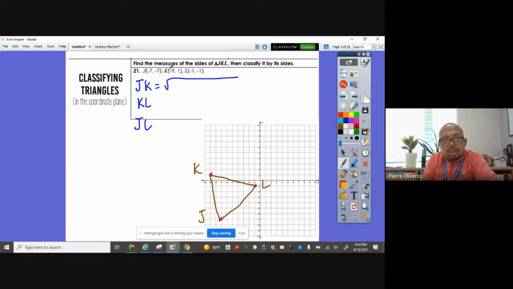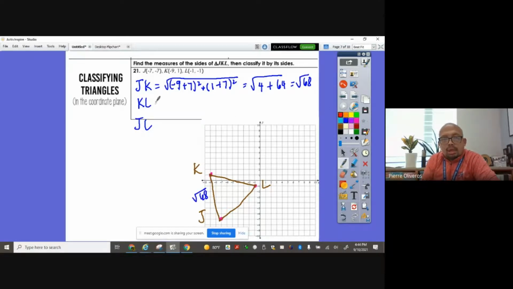JK will be the square root of (-9 plus 7) squared plus (1 plus 7) squared. That will give you negative 2 squared is 4. 1 plus 7 is 8. 8 squared is 64. That will give us the square root of 68. So JK is square root of 68.